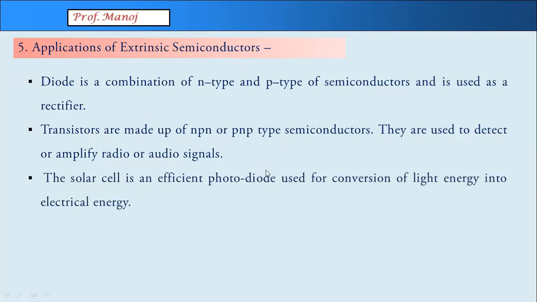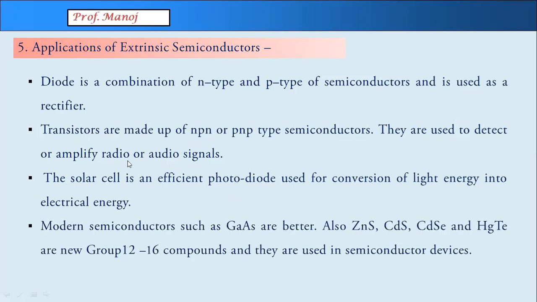Solar cells are going to use photodiodes, and modern semiconductor devices, instead of pure silicon or pure germanium, use a mixture: gallium arsenide, zinc sulfide, cadmium sulfide. They can be taken, then doped with impurity and converted into an extrinsic semiconductor.